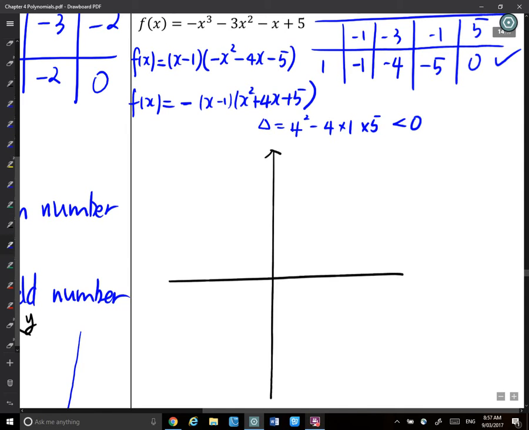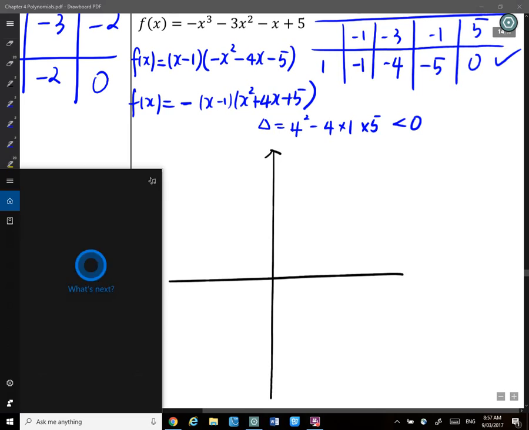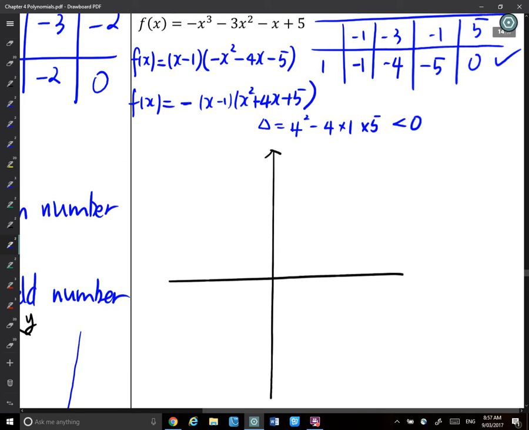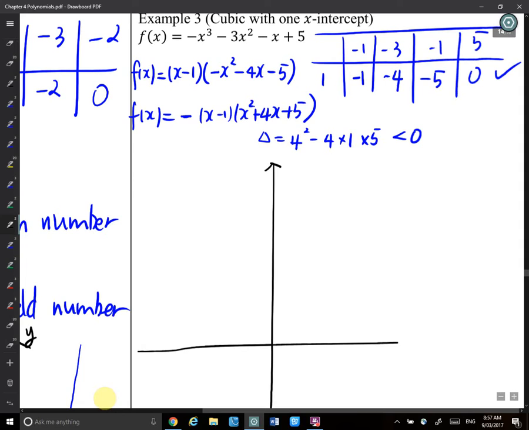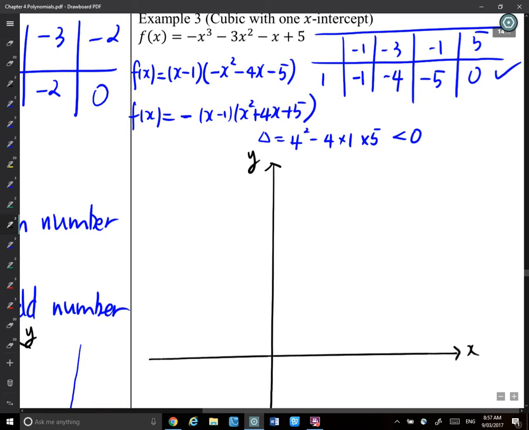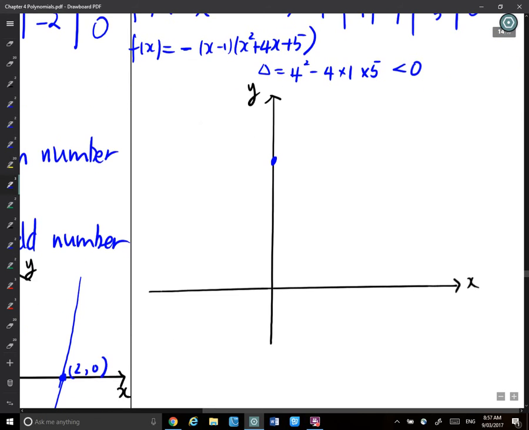I can find the x-intercept at 1, 0, and the y-intercept at 0, 5.